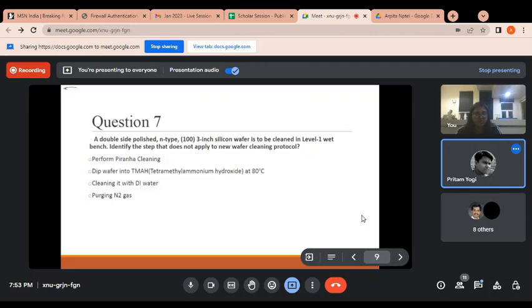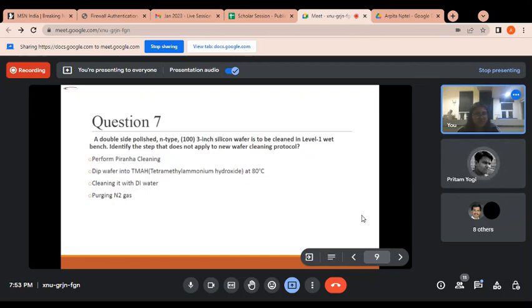Yes, good. And by this process, what have we done? Large particle impurities or organic impurities, I guess. It means this process is a cleaning process and it removes some particles from the wafer, right?